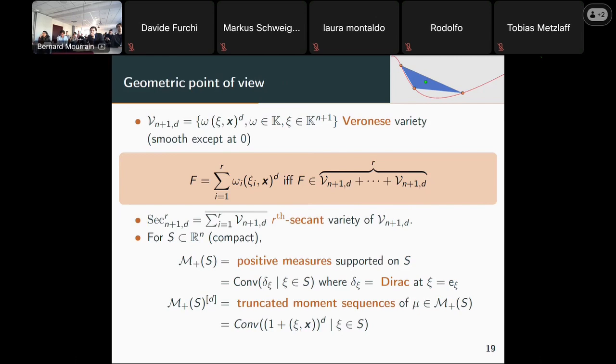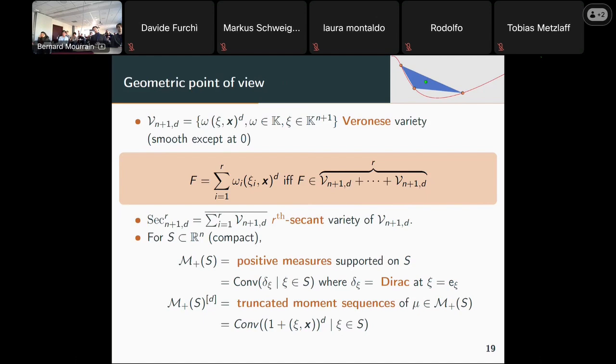So the picture is giving some geometric intuition of what we have for this cone of truncated moments. The geometry here is in the picture. For the secant variety, we can imagine that the Veronese variety is the red curve.